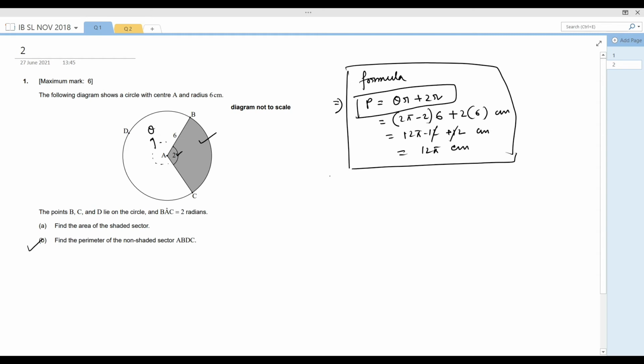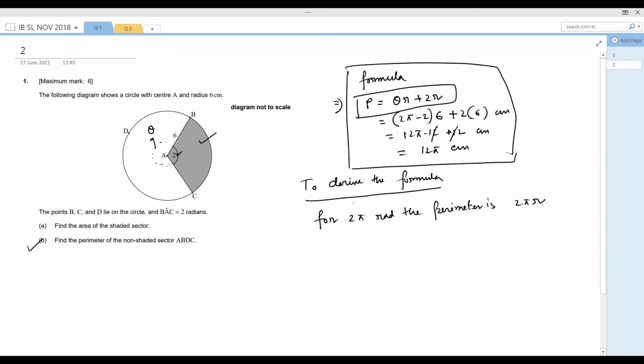So we are deriving the formula, in case you have forgotten it. We know that for 2 pi radian, the perimeter is 2 pi r.